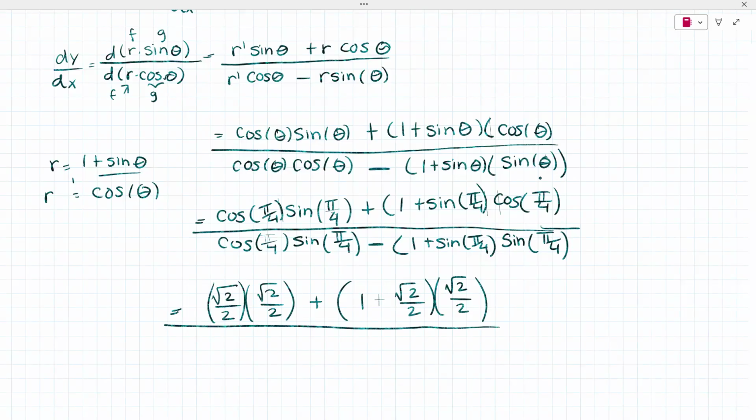Cosine of pi over 4 is positive radical 2 over 2. The sine of pi over 4 is positive radical 2 over 2.